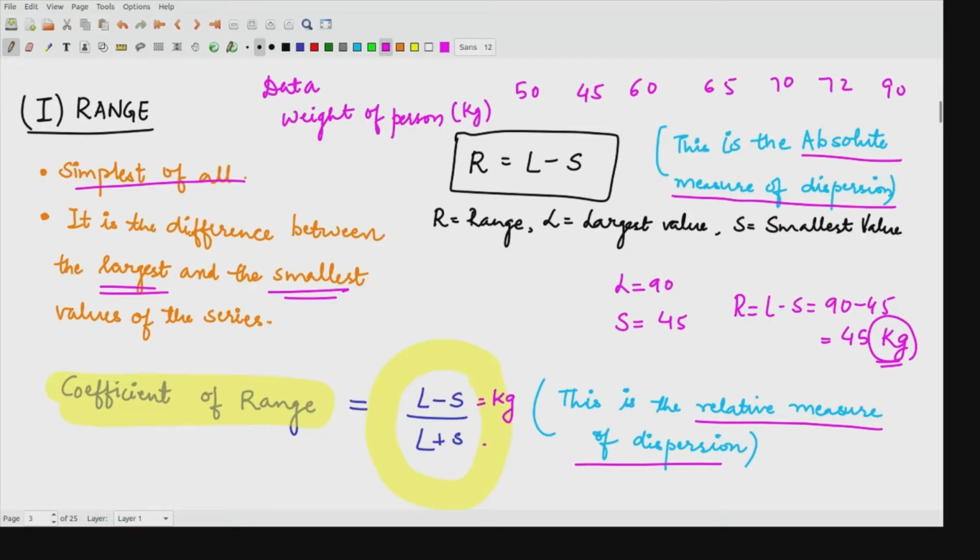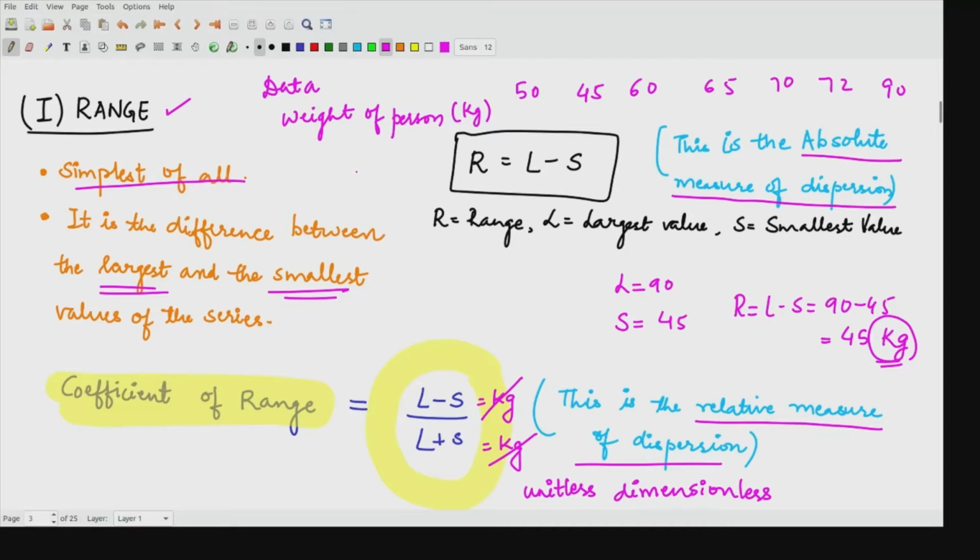L plus S, its units will again be kg. So this kg units will cancel with kg units. So this quantity would be unitless or dimensionless. So this will give you a relative measure, dimensionless. So that is why we say this is the relative measure of dispersion for this particular range.